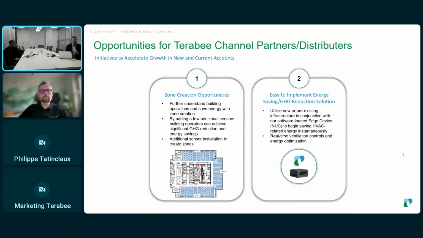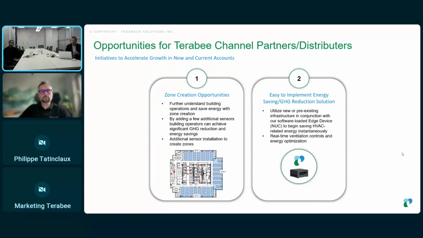And so there are obvious partnership opportunities with Terabee's integration partners, for energy savings, particularly if you've already got sensor infrastructure in place. That is an ideal use case for your customers. They can turn what's already been invested into an energy savings play. And then hopefully they'll want to install sensors in more buildings because you're getting an actual quantifiable return on investment.